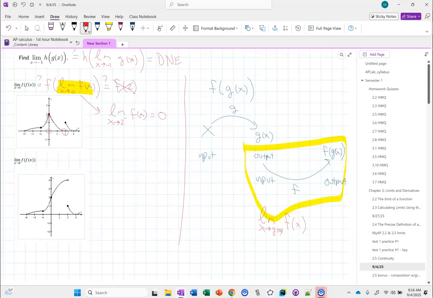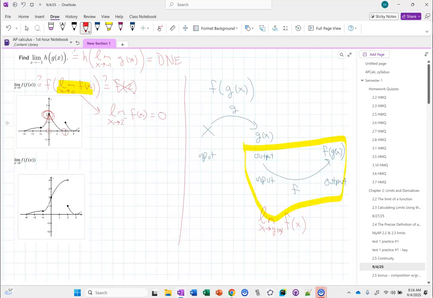So what we did here was my inner function was going to +2 from below, right? Because it's a maximum.